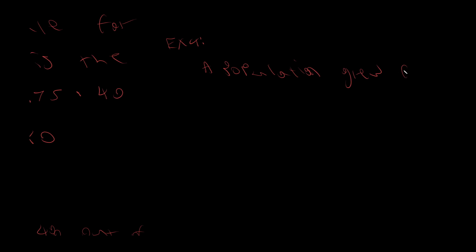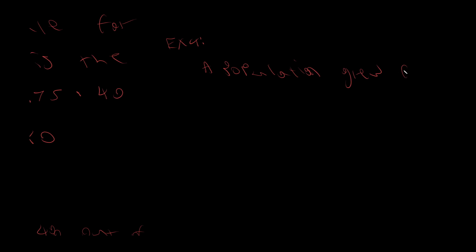So we get grew to 2,760, so that's 2,760 minus 2,400, that's 360, right? Yep, 360 divided by 2,400. Now again, look at common dividers.